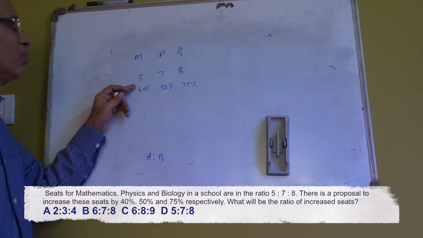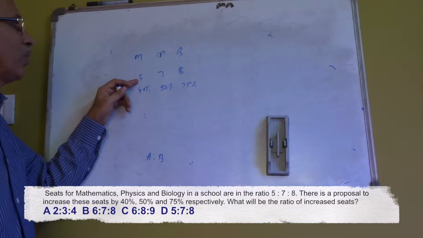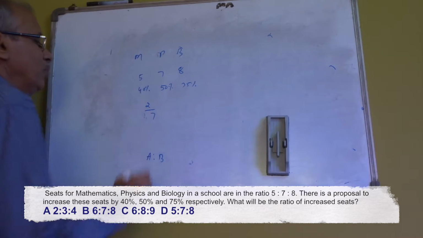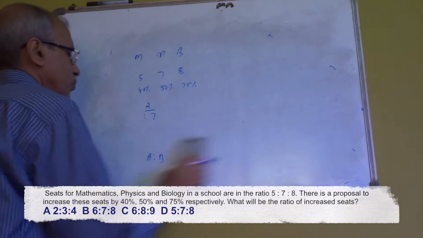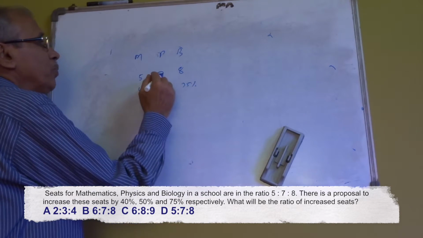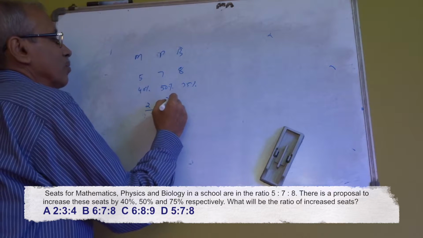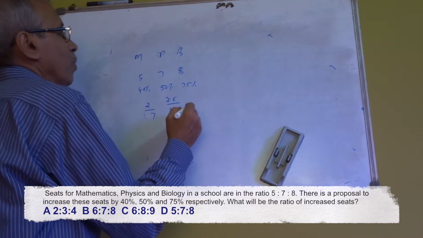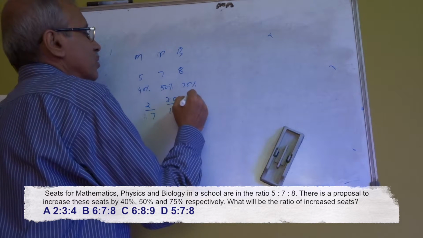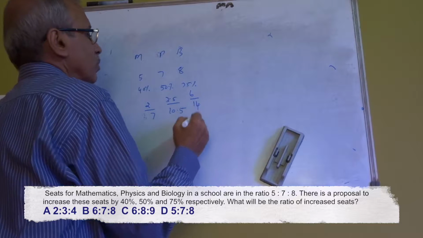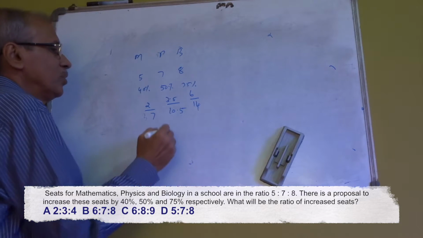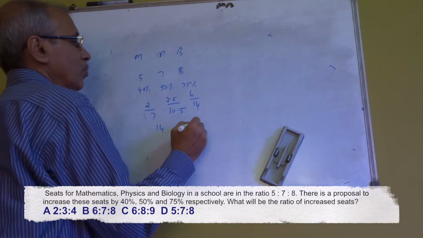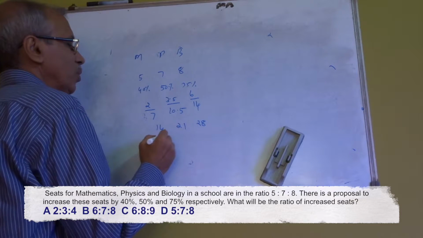Now you can do it simply by adding. 40% of 5 is 2, so the new one is 7. 50% of 7 is 3.5, so the new one is 10.5. 75% of 8 is 6, so 14. Now there is a decimal, so multiply by 2. 14, 21, 28. 7 is common.